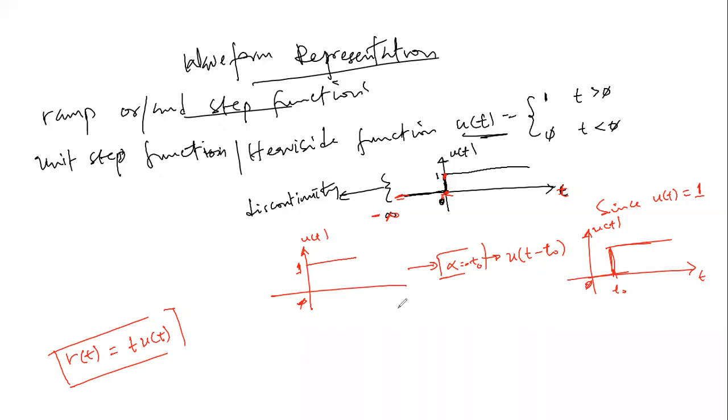Since we already figured out that r of t is the same as t u of t, r of t delayed by some parameter t naught will be the same as t minus t naught times u of t minus t naught.